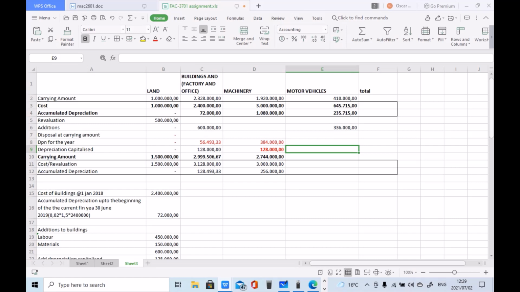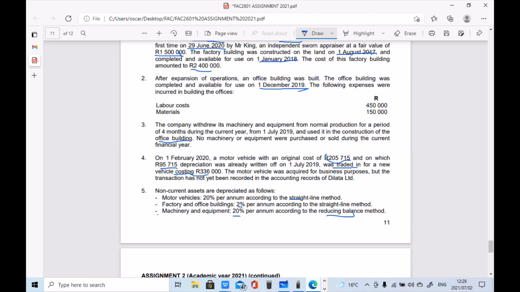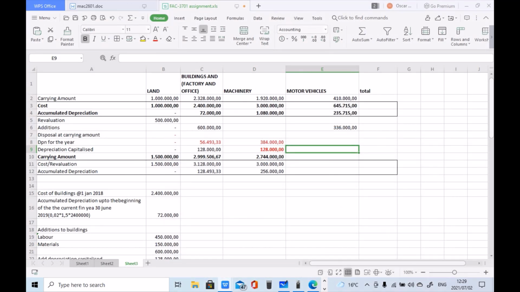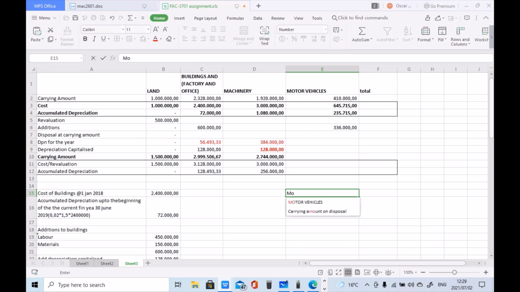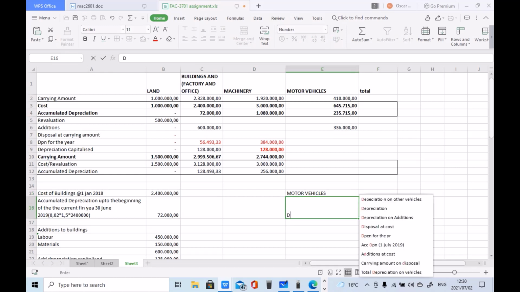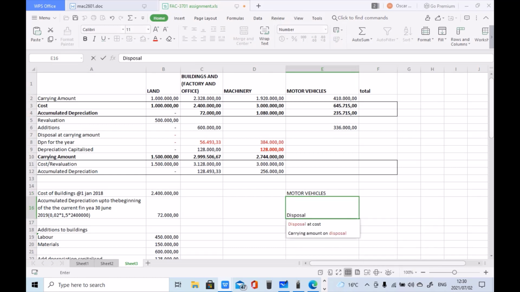Now we need to calculate what happened on the vehicle that was sold. Now they told us that they traded in a vehicle with a cost of 205. So here I'm just going to write motor vehicles. Alright, and then disposal at cost.